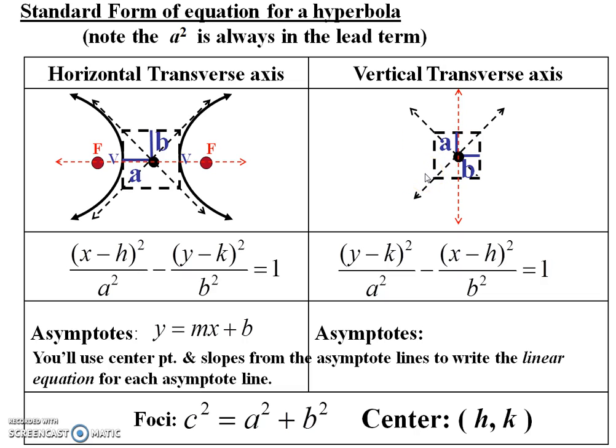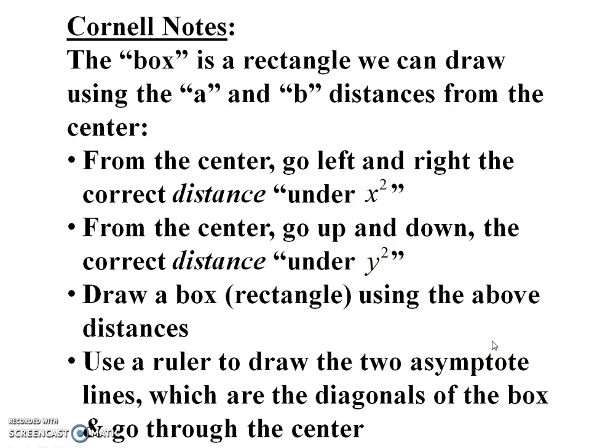Our asymptote lines would go through those corners and through the center, and this would have vertical branches going through the vertex and along the box, but staying within the asymptote lines. Somewhere along here, we would have our focus points according to whatever this equation was, taking the positive root of that. So again, it would have two equations.